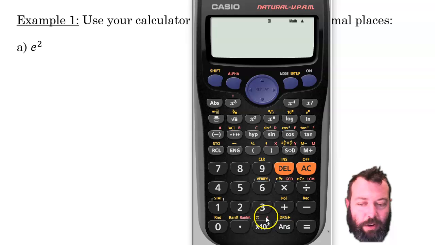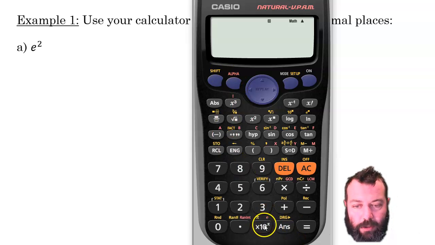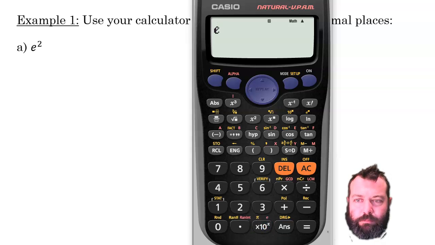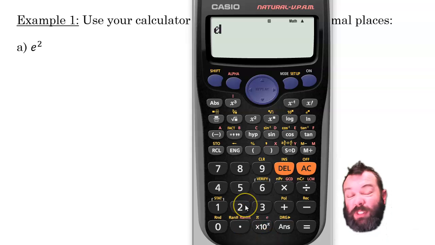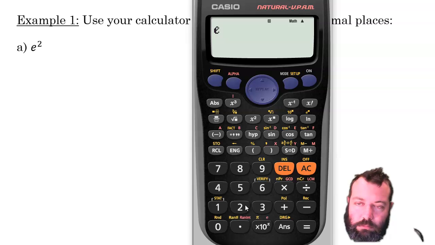Next to the pi, I've got a little pink e. Well, I need to use the alpha button to access any of those pink things. We don't use very many of them, really. We haven't up until now. But alpha, this thing, that brings up e. So if I just press equals, it'll give me 2.712, something, 1828.